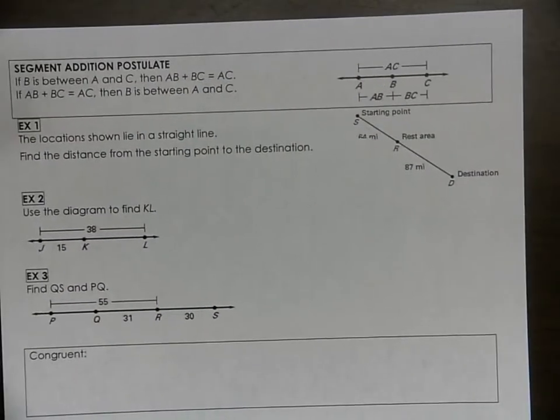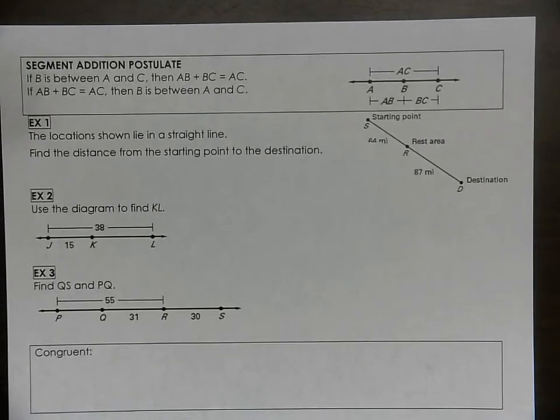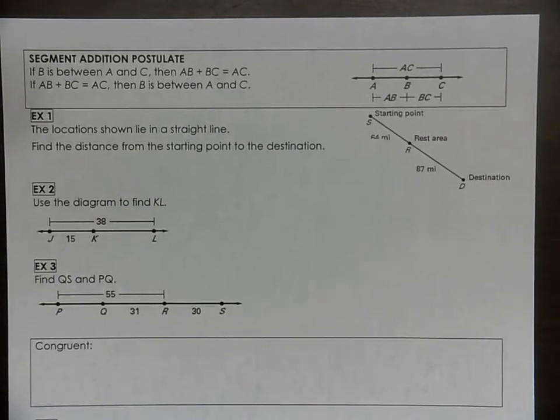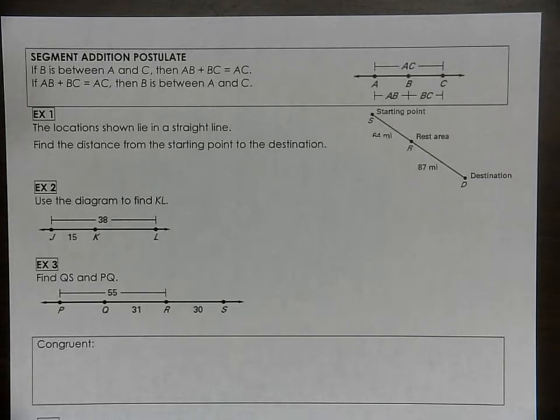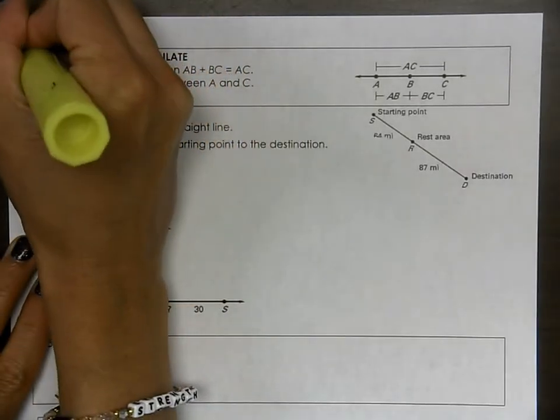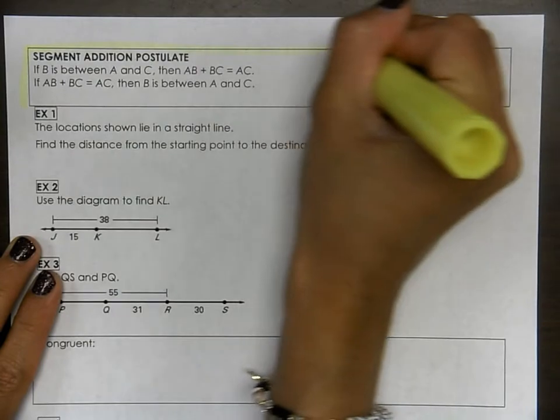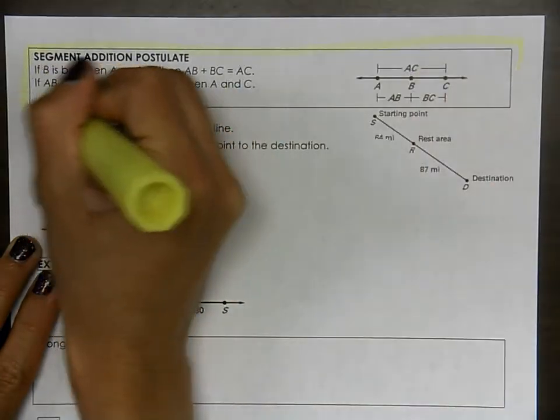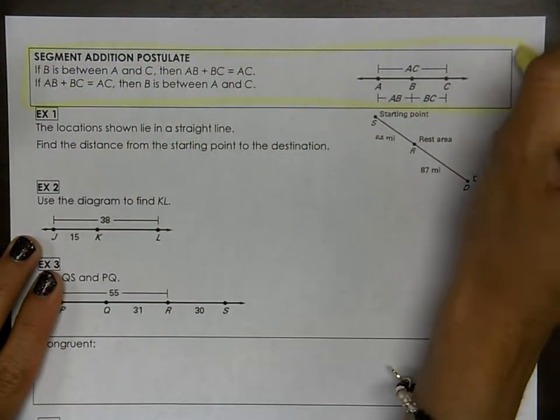So this talks about it a little bit more in depth. This is kind of an extension off of distance. It's a little bit more particular. This is something called the segment addition postulate. And you actually probably do this all the time.